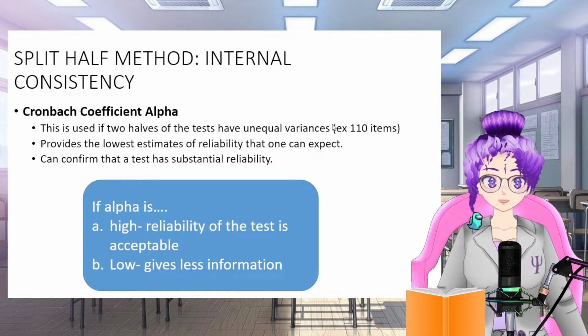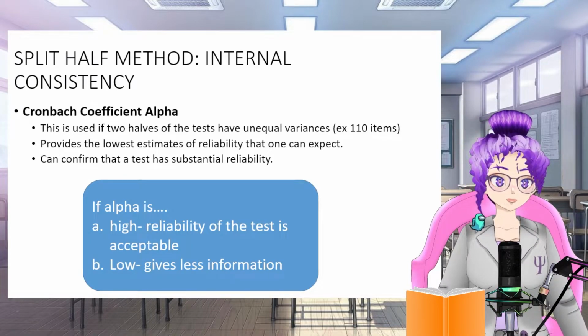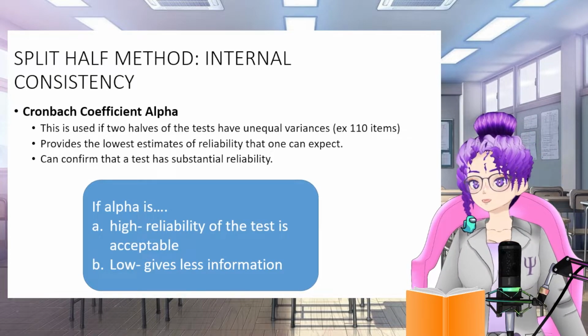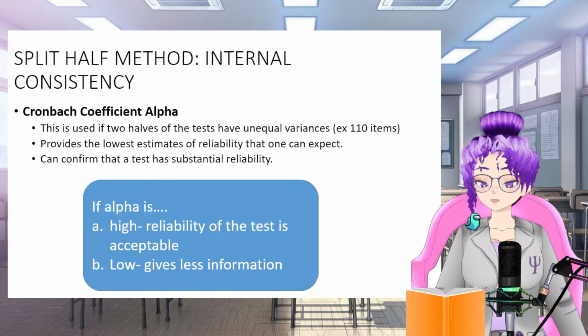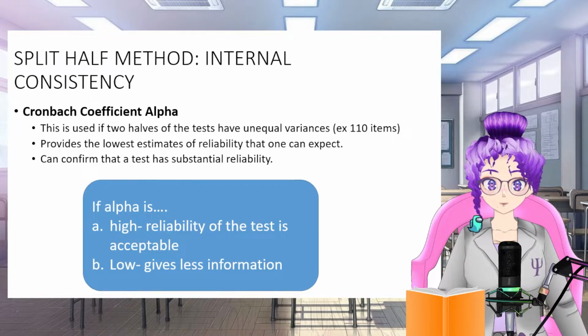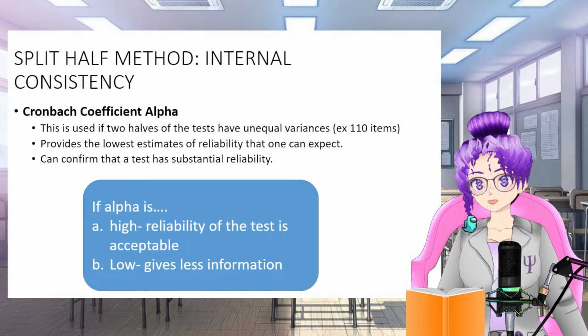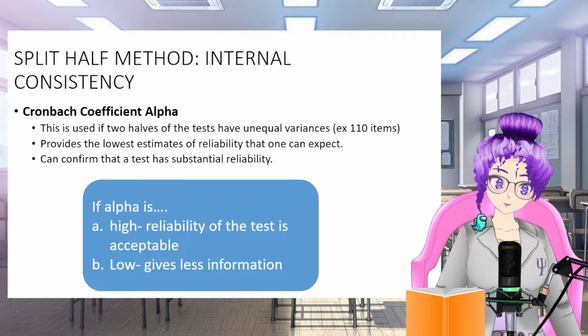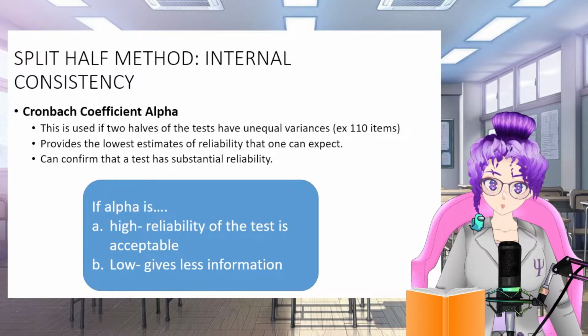So next is the Cronbach alpha coefficient, or Cronbach's coefficient alpha. This is used if the two halves of the test have unequal variances. For example, you have 110 items, so there are unequal variances. Or for example, you have 107 items, so there are unequal variances. So you cannot split them directly into half.